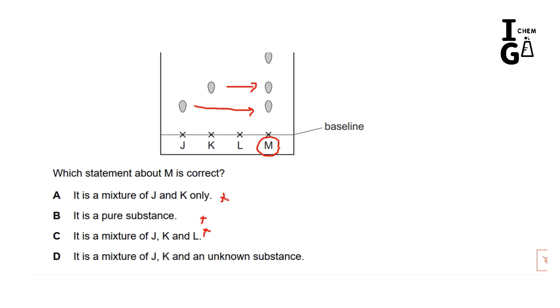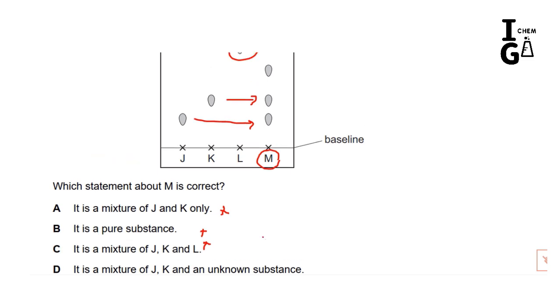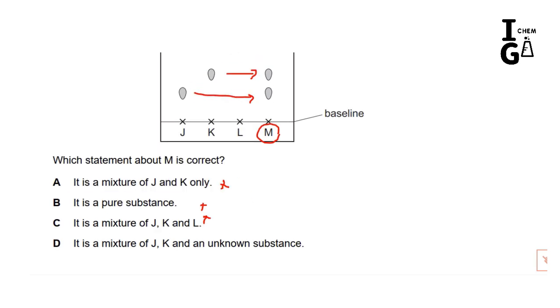So I think the correct answer is clear now. D, it's a mixture of J, K, and an unknown substance. Look at this spot. Actually, this is an unknown substance because we don't have any reference over here. So the correct answer is D. Let's circle it.